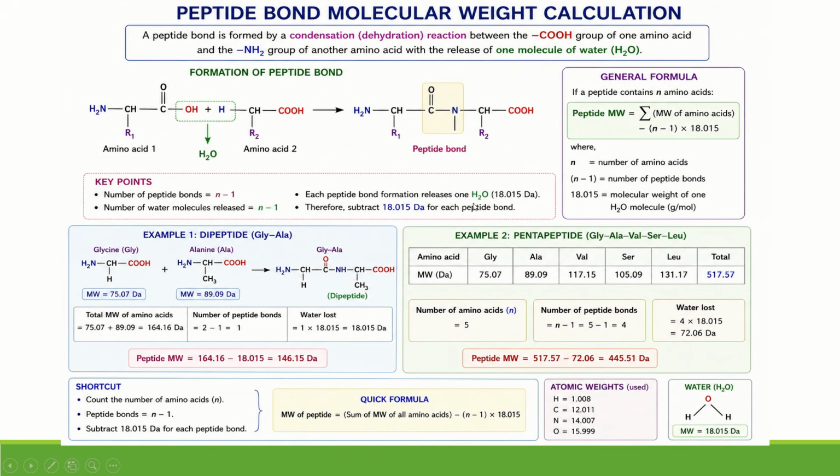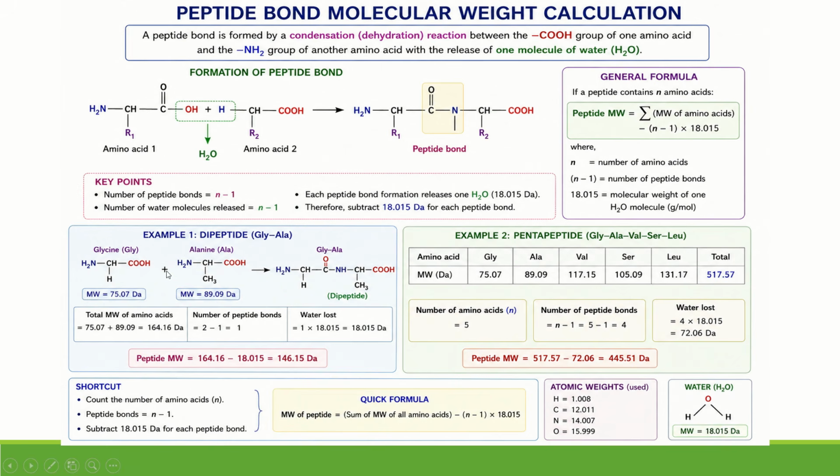And each peptide bond formation releases one water molecule. So, water molecule molecular weight is 18.015 Daltons. Therefore, we need to subtract this 18.015 Daltons for each peptide bond. So, that is the calculation you need to remember.